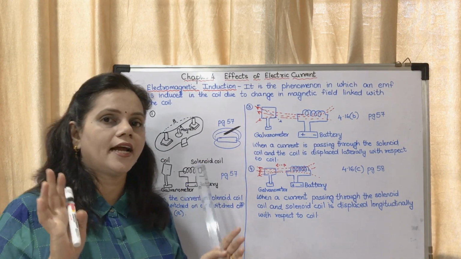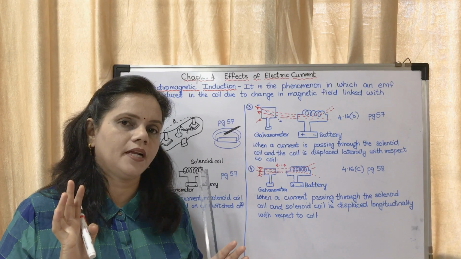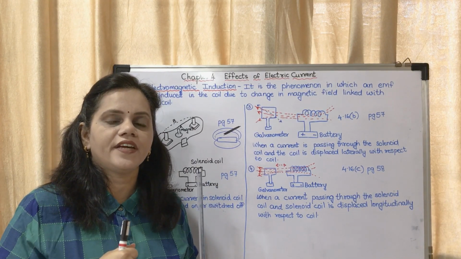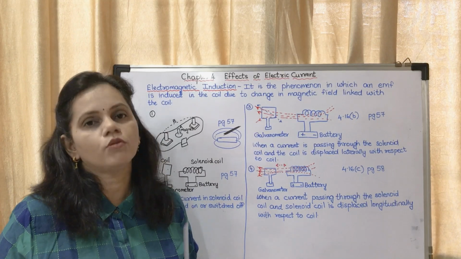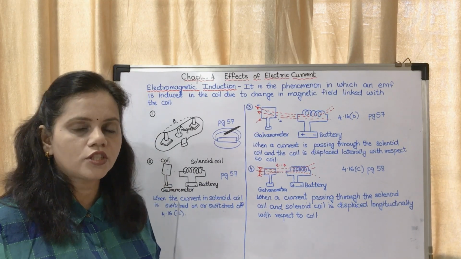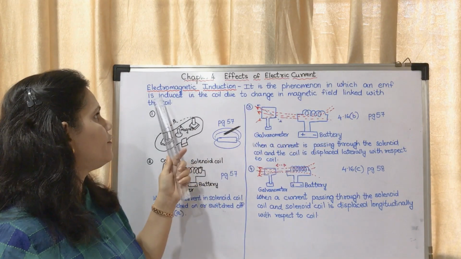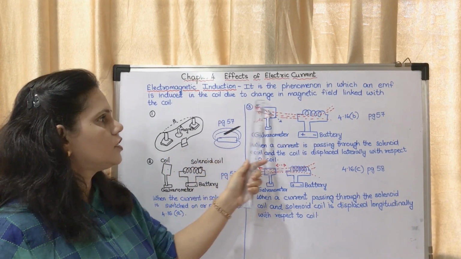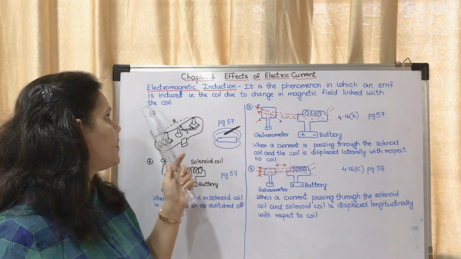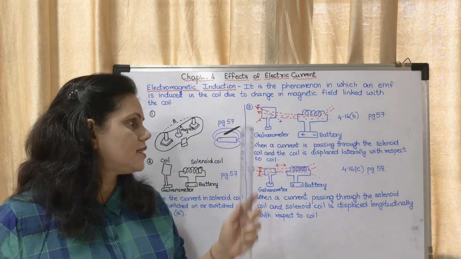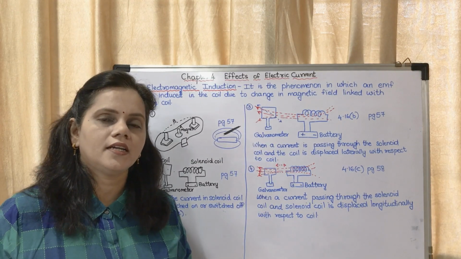Okay, they were sitting idly, they are sitting simply. But if they are moved in the magnetic field, then they have to move. Okay, they are forced to move. That is said to be induced. So an EMF is induced in the coil due to change in magnetic field linked with the coil. Okay, linked with the coil. This experiment you may mark in your textbook.